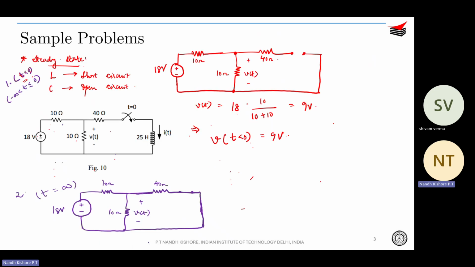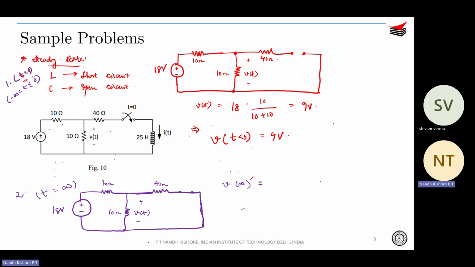So during this period, what would be V of t? For V of infinity, we will call it, right? So what would be V of infinity during this period? V of infinity is the voltage across a 10 ohm resistor. Right now, 10 and 40 are in parallel, correct?